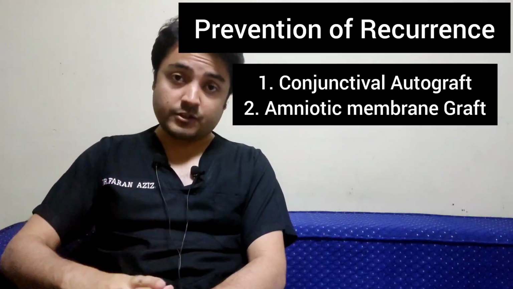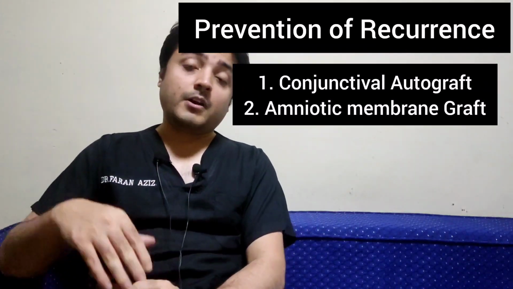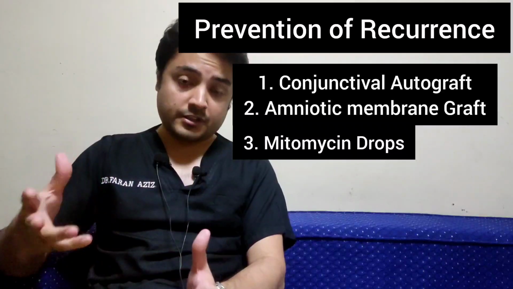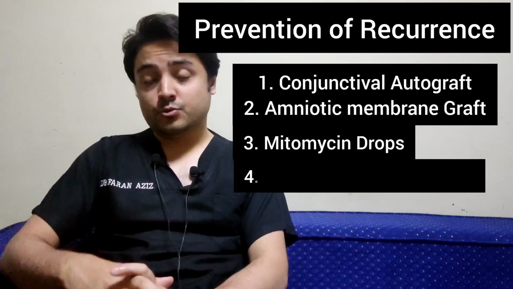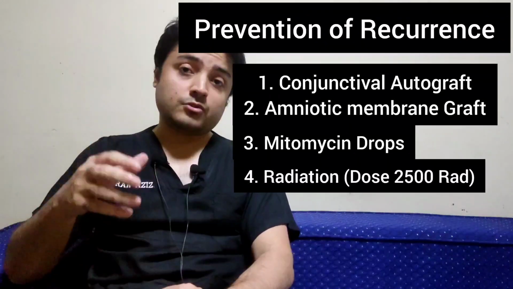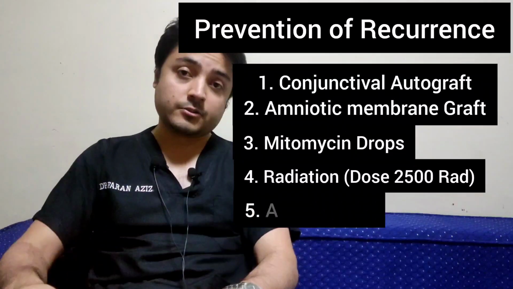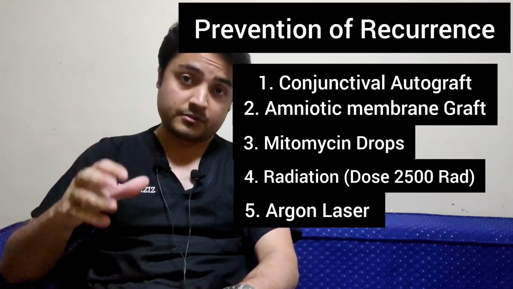It is very successful, and it is commonly used these days. Apart from that, we can give mitomycin drops in that area after surgery or during the time of surgery. Other than this, we can give radiation during the first week post-op, and the dose of radiation is 2500. We can also use argon laser to prevent the regrowth of new vessels, especially at the limbus region.